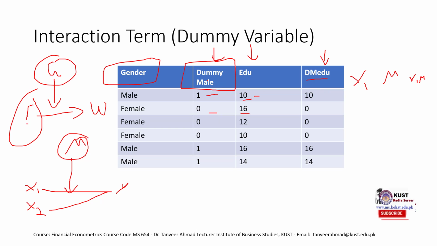We have multiplied this dummy with education, and we would have a value of 0 for females here. That would automatically happen, because 0 multiplied by any digit would have a value of 0. So now we have these series. What we are going to do is regress wage on education, gender, and then this interaction term. So this is how we would perform the moderation.